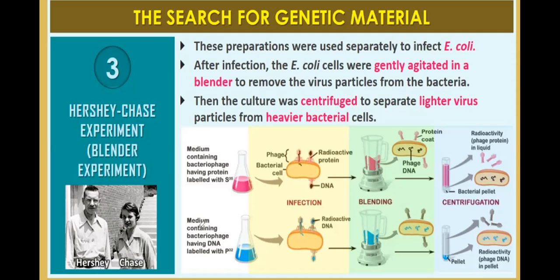But in the second condition, we have grown the bacteriophage in the medium containing bacteriophage having DNA labeled with P32. So here DNA is labeled with radioactive phosphorus 32. And phosphorus is a part of DNA. Phosphate group is there in the backbone. So here radioactive DNA is going inside the bacterial cell when there is an infection.